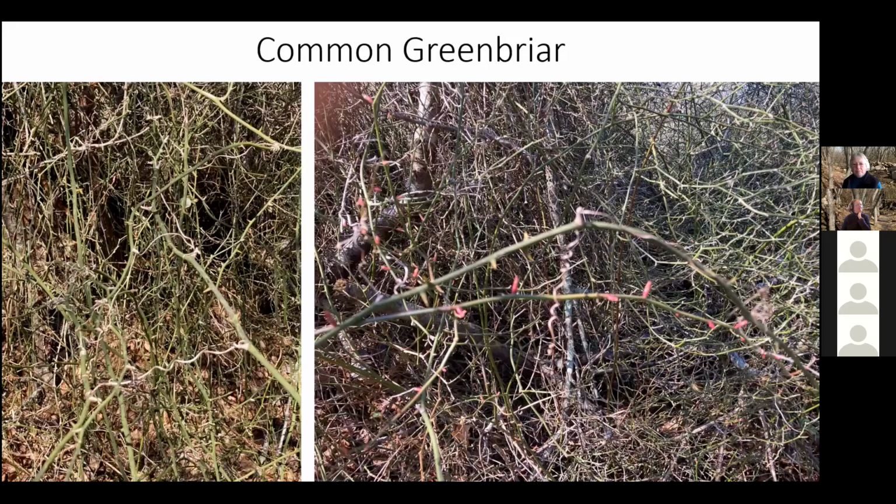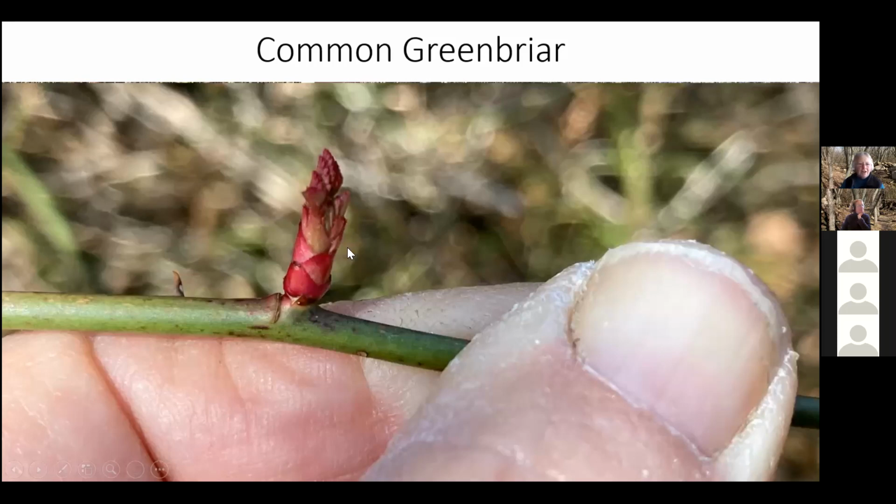But again, signs of spring. Again, the common greenbrier has got these tendrils and huge spikes, and it's very dense and difficult to maneuver. And I noticed they're starting to redden up. And I look closely, and these are little leaflet buds just coming.